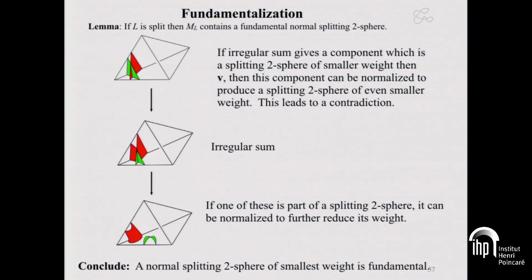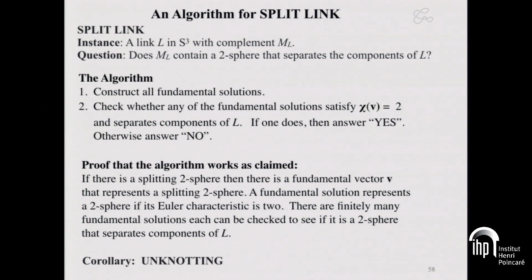It looks like one of these exchanges. So it does give us a two-sphere that separates the two pieces, but it's not a normal two-sphere. But no problem. Now we'll just normalize it, reducing the weight even more until we wind up with a contradiction, because we'll get a normal two-sphere of smaller weight that separates the two components.